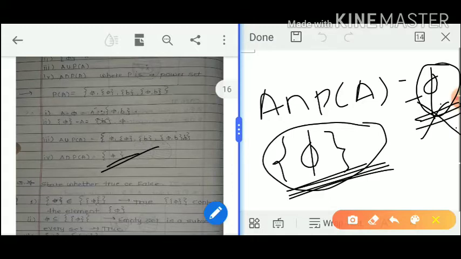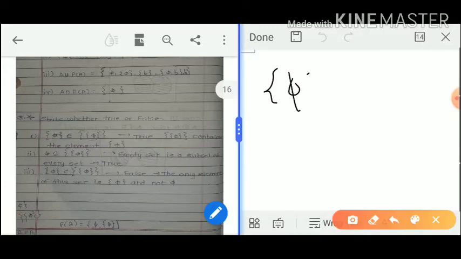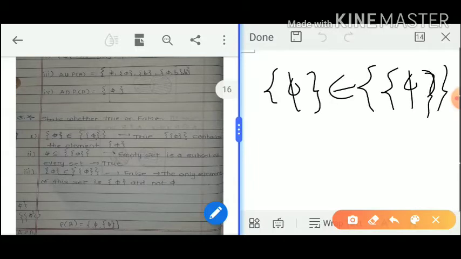Okay, so next example: state whether true or false. {phi} belongs to {{phi}}. Okay, this is a set. Phi in braces, and here this set contains {phi}.